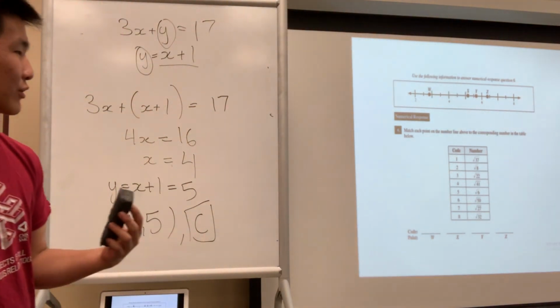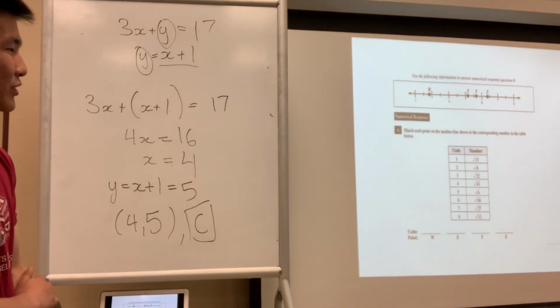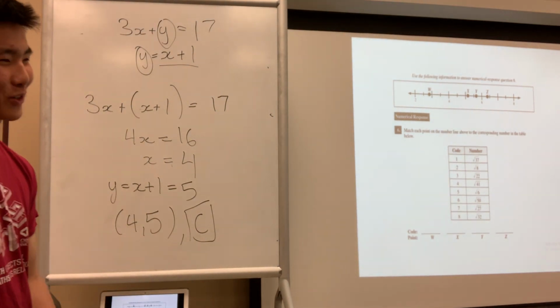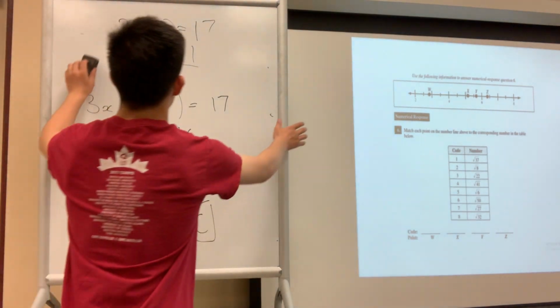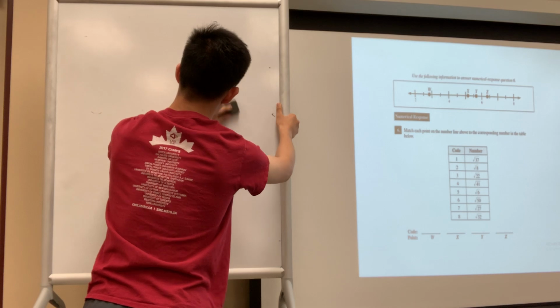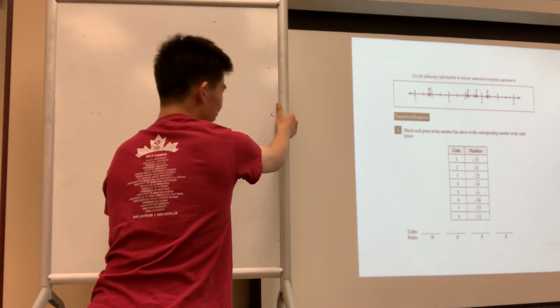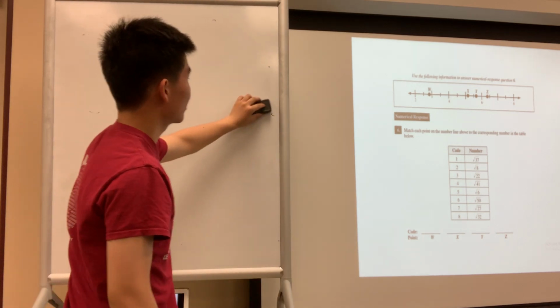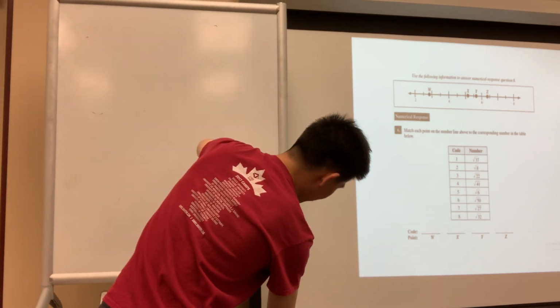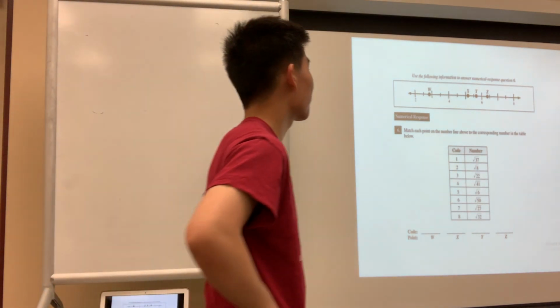This one tests your sense with numbers, but in reality it sort of just tests how well you can use a calculator. Of course, you don't have to use a calculator here, to be perfectly honest. You can just look at each of these points.